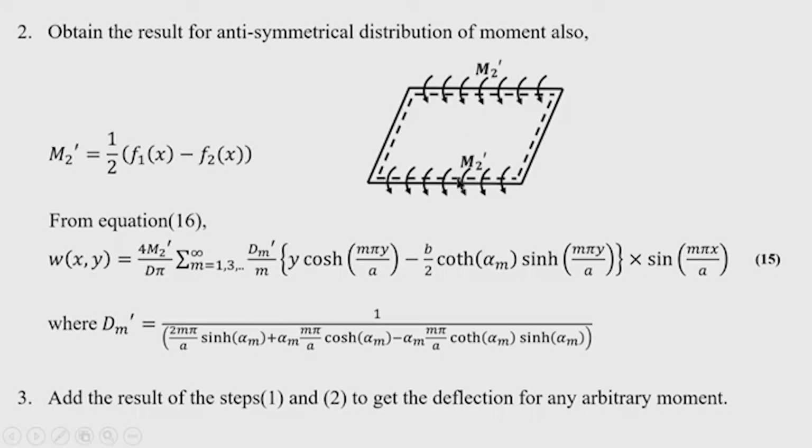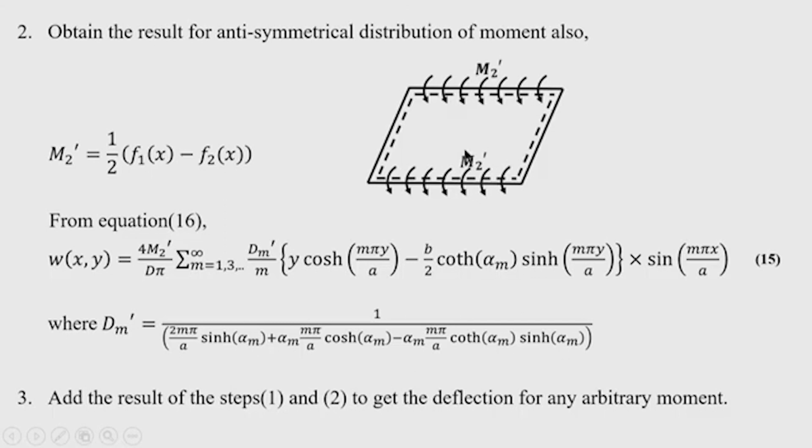So, therefore, these are general cases. Okay. So, if this is 10 kilonewton meter per meter, and here for example, this is another moment of symmetrical nature, say 5 kilonewton meter per meter.